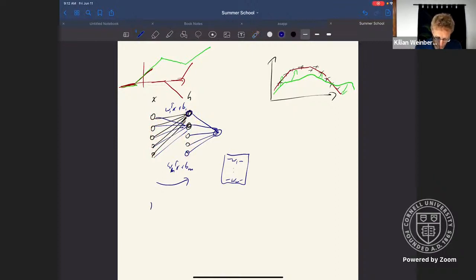This here is X, and this here is Wx plus B, where B is a vector, and I apply a transition function. This here is a rectified linear unit. So a rectified linear unit is just max of Z with 0. Does that make sense?